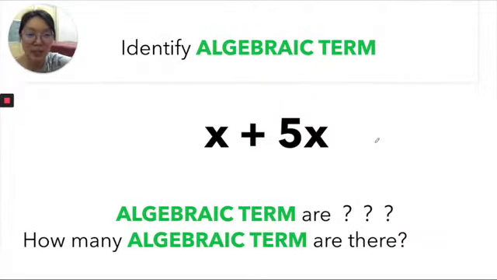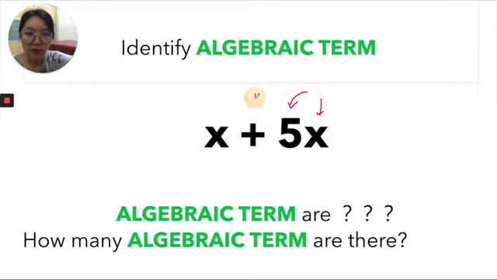Let's do some exercises together with me. Here I have an algebraic expression. Read together with me. x plus 5x. So what are the numbers here? 5 is my number. And what is the variable here? I have x as my variable here. Same, x. So identify the algebraic terms.